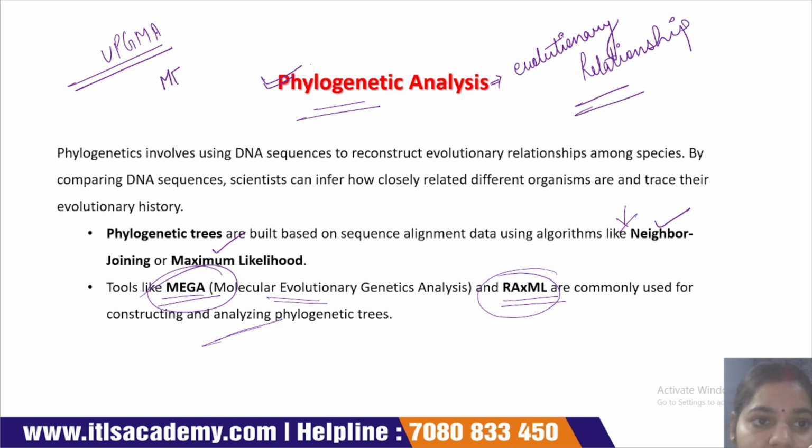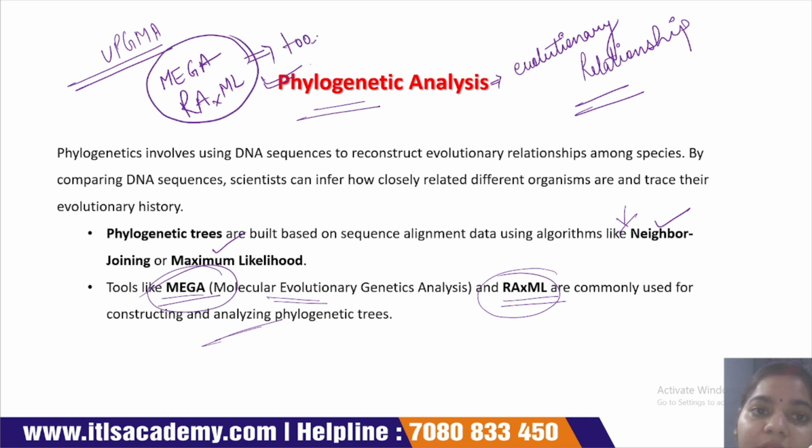First is MEGA, next is RAxML. These are the tools which are used to construct the phylogenetic tree.